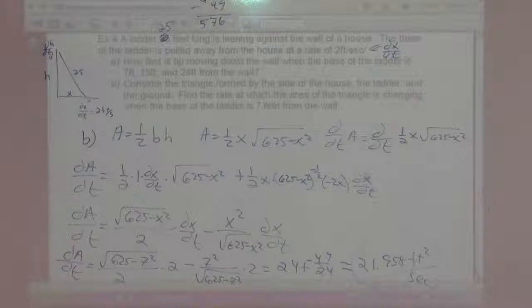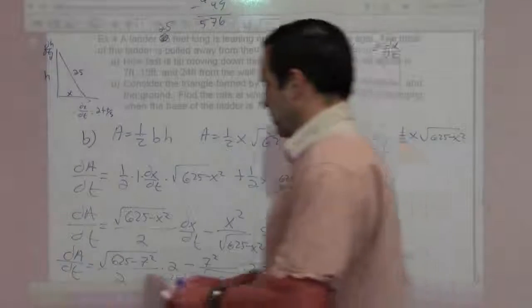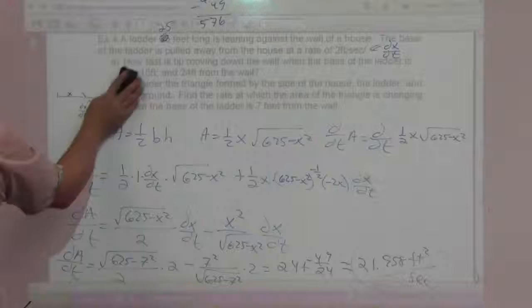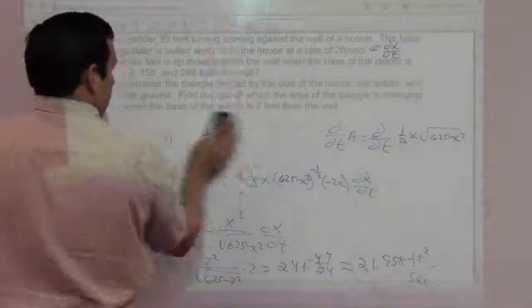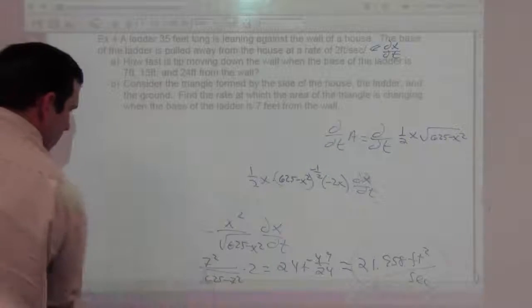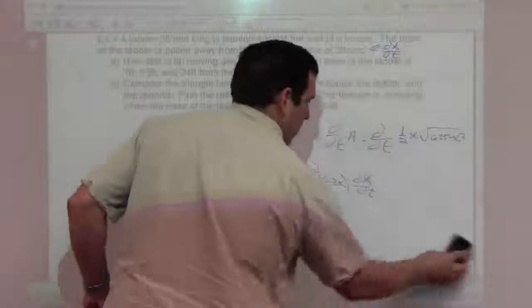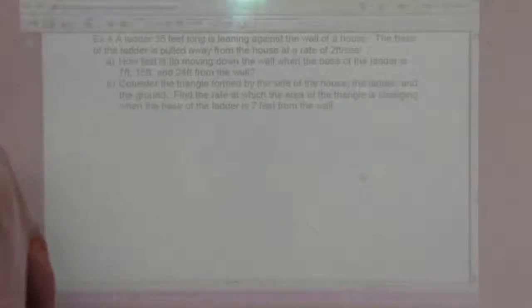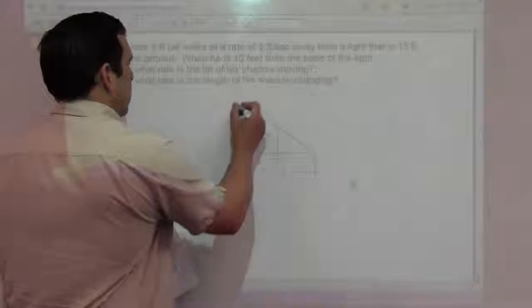Okay, let's go on to the last example. It says a man 6 feet tall walks at a rate of 5 feet per second away from a light. So here's the light.